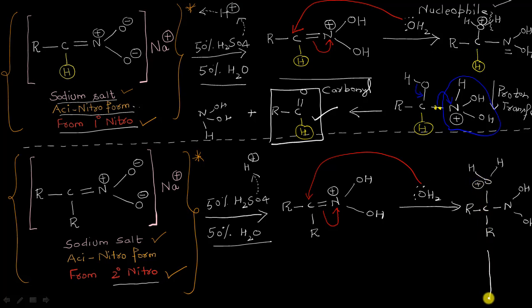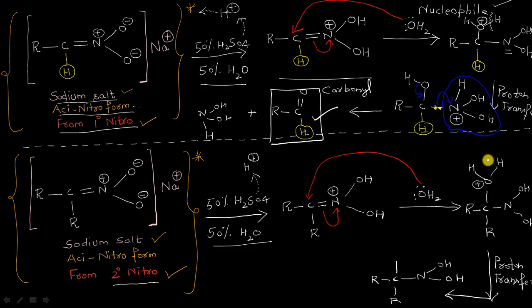And after that, what will happen is the same proton transfer. Let me write here the proton transfer, such that it will now result in the formation of what? It will now become N here, the same OH here as well as here.